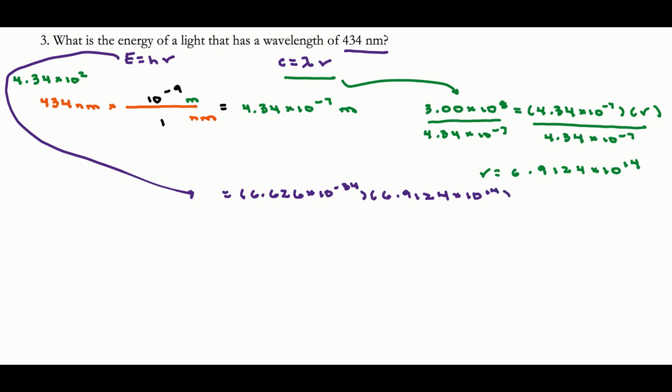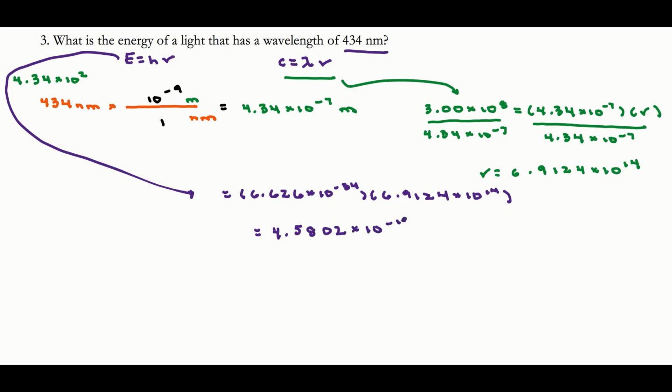Okay? Keep in mind, what I would recommend doing, since you just solved for frequency in your calculator, keep it in there, and now just multiply by Planck's constant, 6.626 times 10 to the negative 34th, because that way you're not going to be over-rounding. So the value that I get unrounded is 4.5802 times 10 to the negative 19.